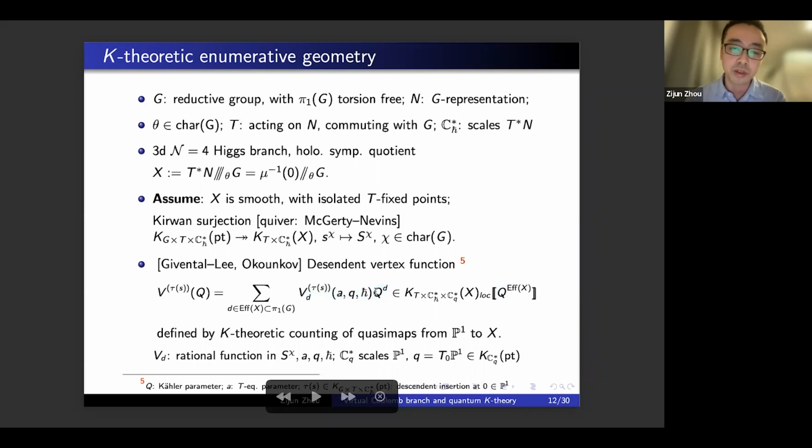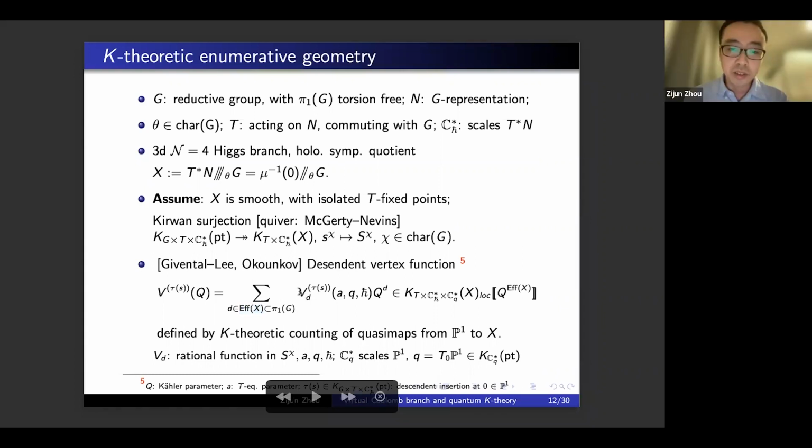This parameter records the degrees of the quasimaps, and the degrees of the quasimaps form a cone in π1 of the gauge group, and this cone depends on the target space X. Usually it's the cone of effective curves, but it's actually a little bit different from that. But you can always have a cone of effective quasimaps.